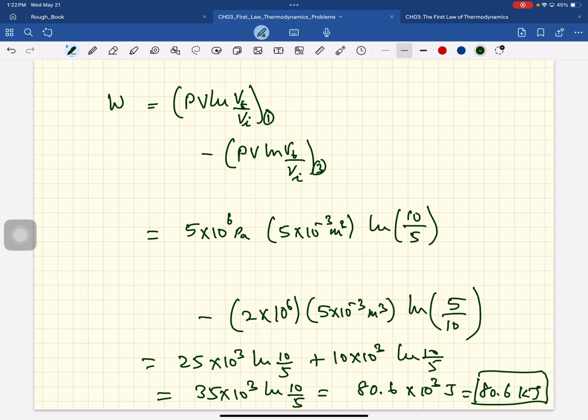So 80.6 kilojoules of work was done in that cyclic process.